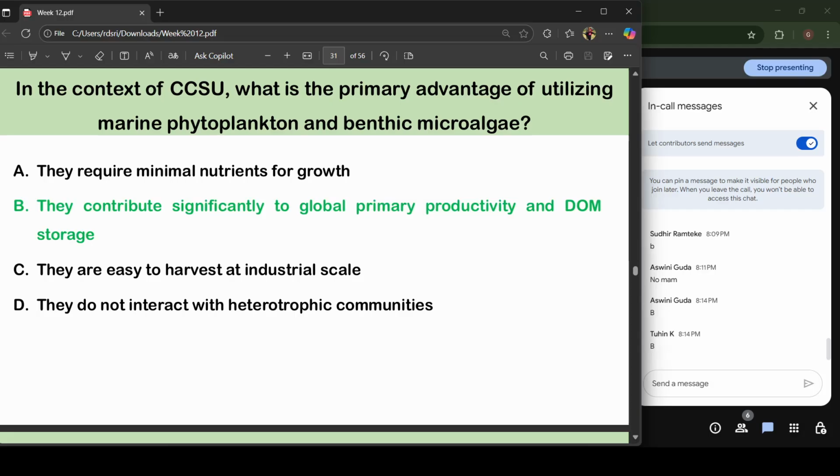Okay, so the answer is they contribute significantly to the global primary productivity and organic matter storage, right?